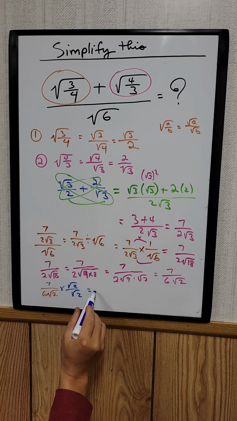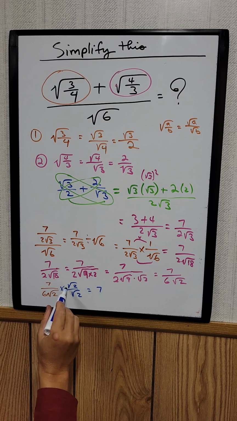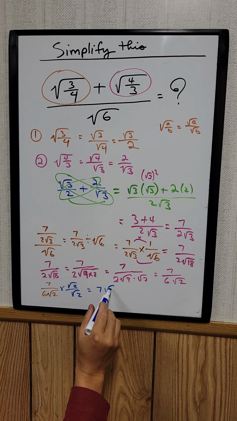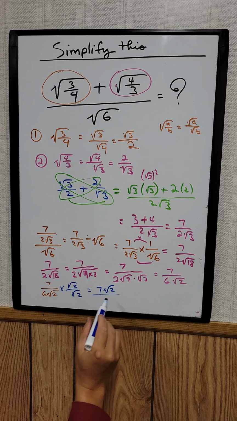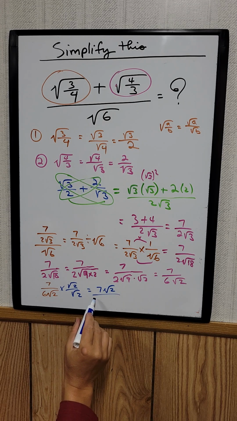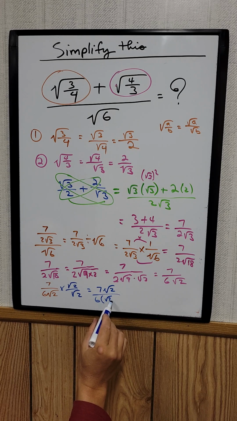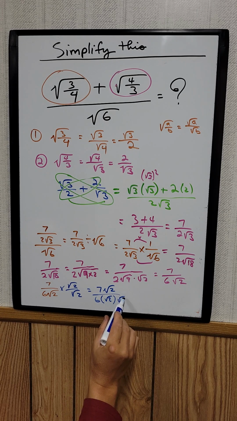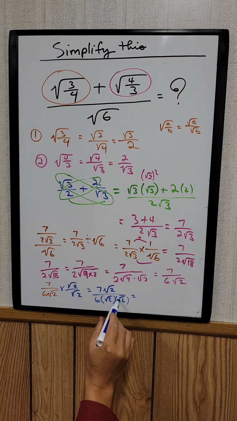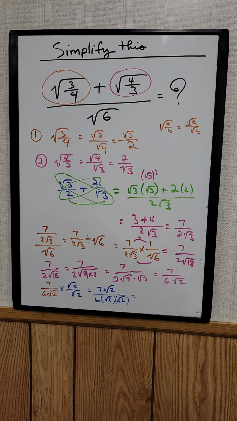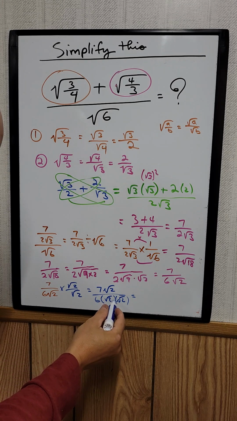So 7 times the square root of 2 on top, and on the bottom, 6 times the square root of 2 times the square root of 2. The square root of 2 times the square root of 2 is basically the square root of 2 squared, which takes care of the roots.